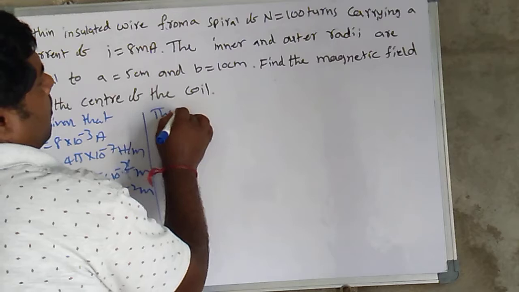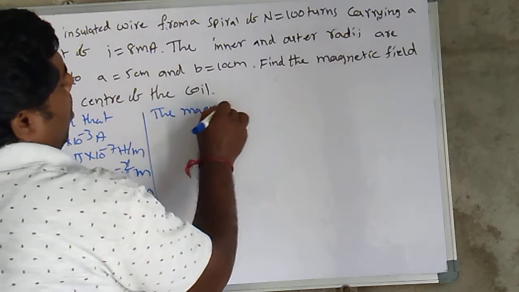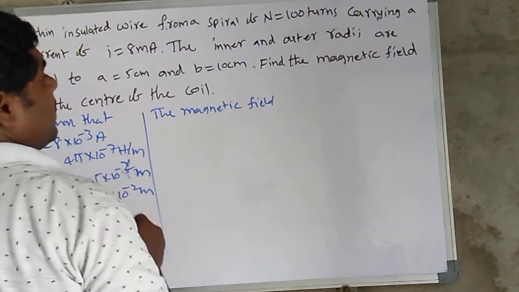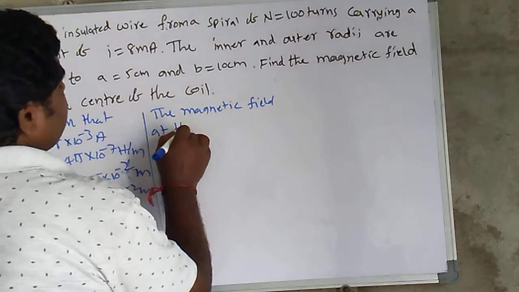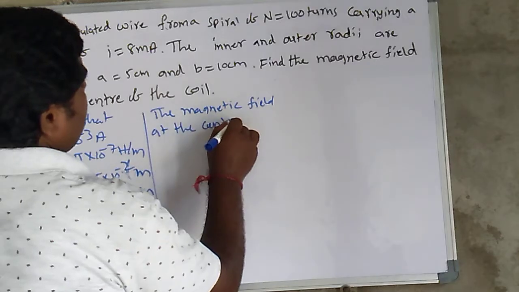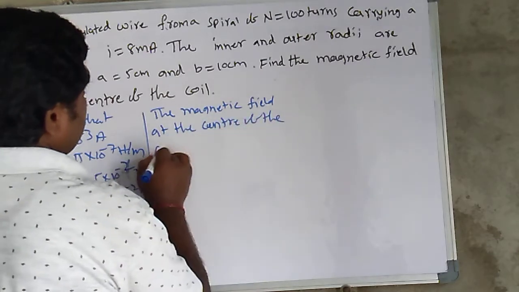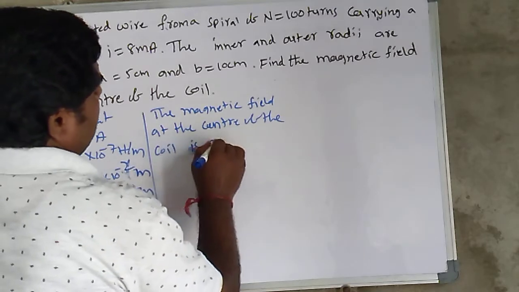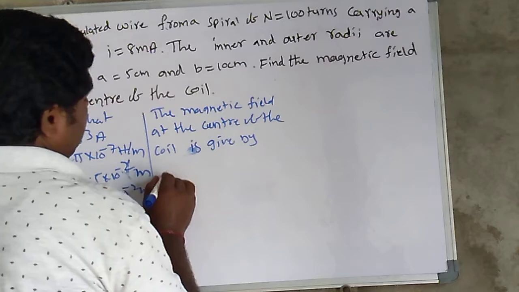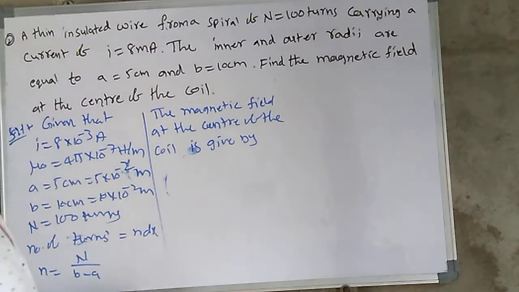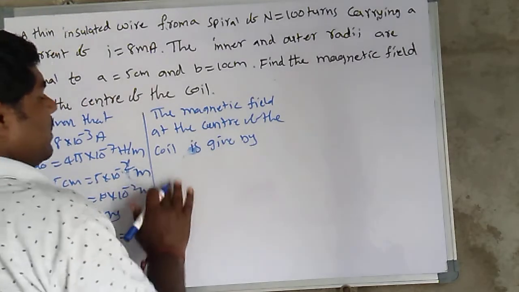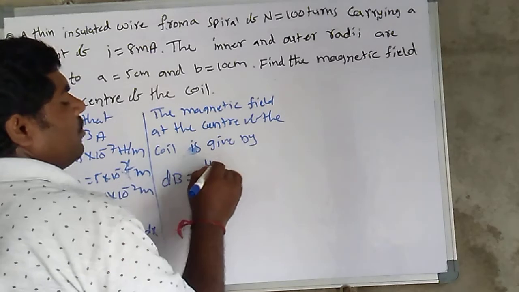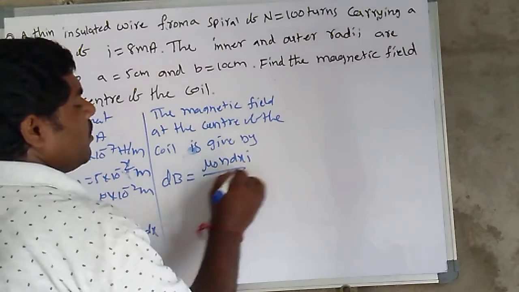The magnetic field or magnetic induction at the center of the coil is given by: the small elemental coil produces magnetic induction dB is equal to mu naught n into dx into I divided by 2x.